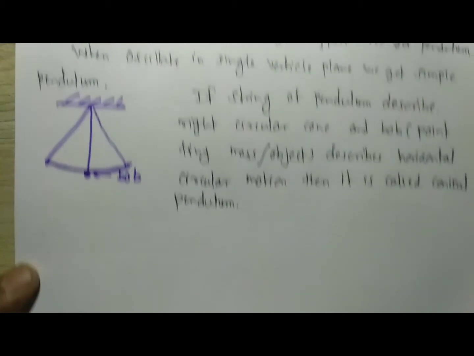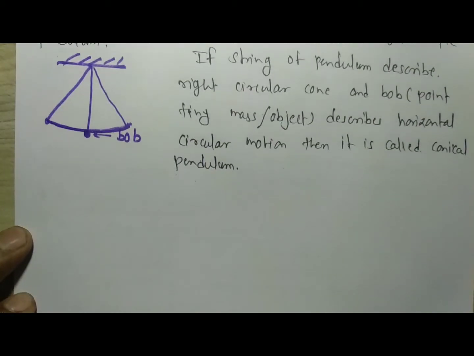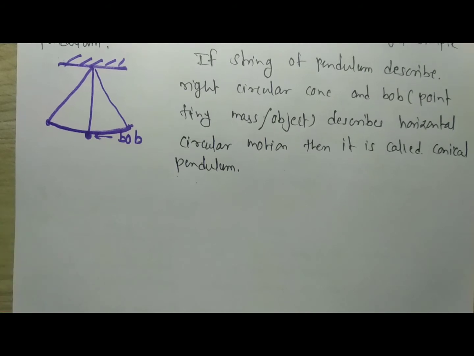What does it mean? First of all, we have to think about the definition of the conical pendulum, and what the consideration is inside it. Inside the conical pendulum, the bob, a small tiny mass, describes horizontal circular motion with one center.